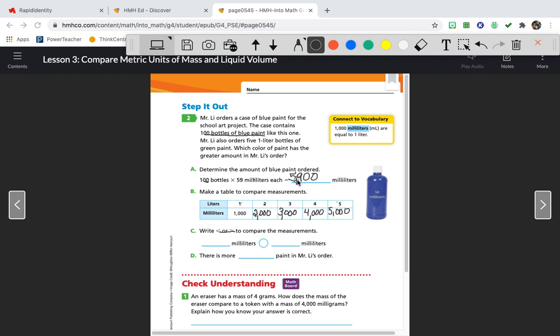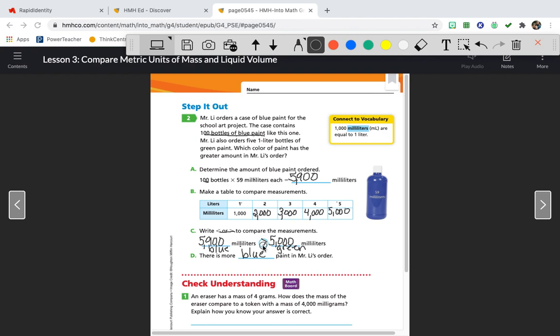So we had 5,900 milliliters compared to 5,000 milliliters of our green paint. Remember, this was our blue paint and this was our green paint. So there is more blue paint in Mr. Lee's order than green paint.